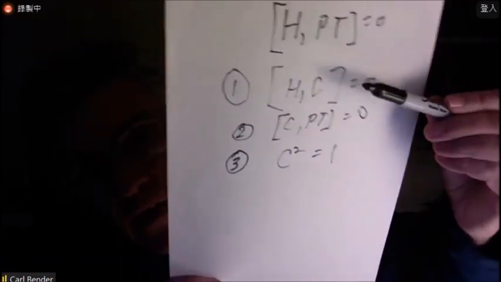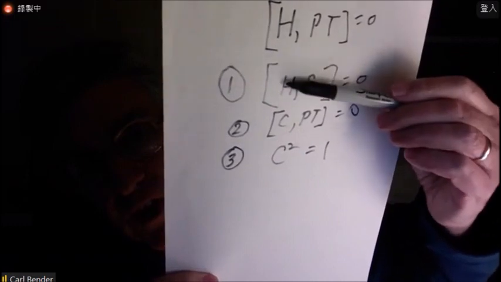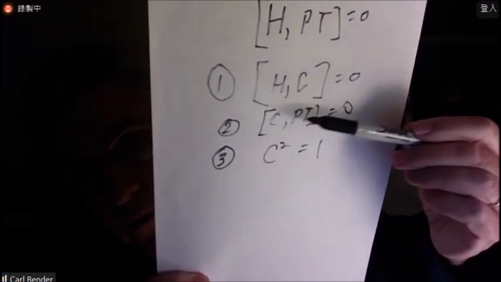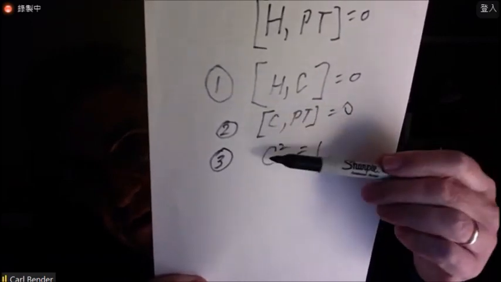Now, these are three equations. C commutes with the Hamiltonian, C commutes with PT, and C squared is 1. Those are three simultaneous equations, and if you want to know what the C operator is, you have to solve those three simultaneous equations to calculate the C operator.